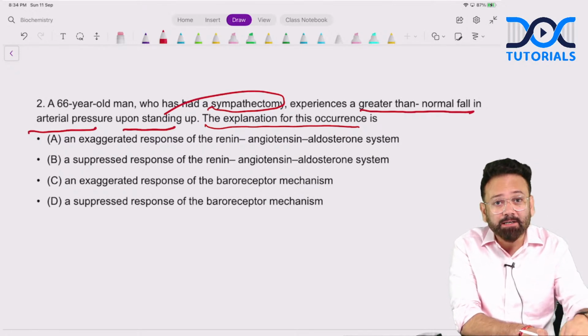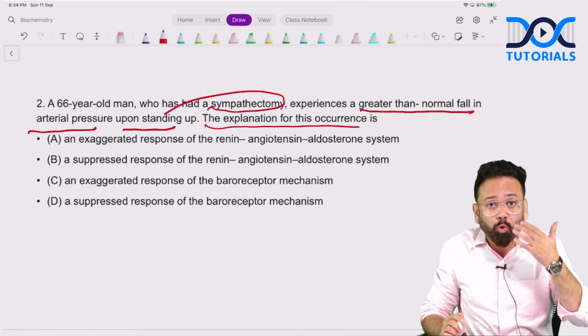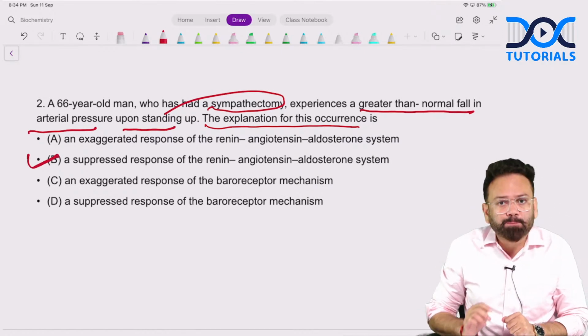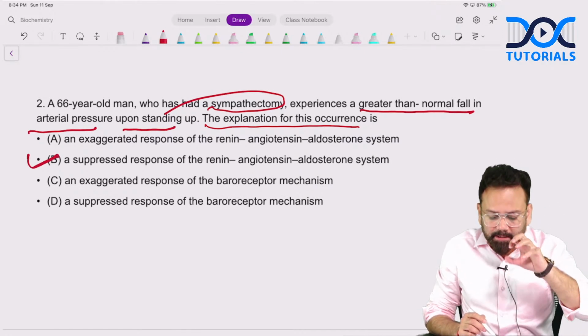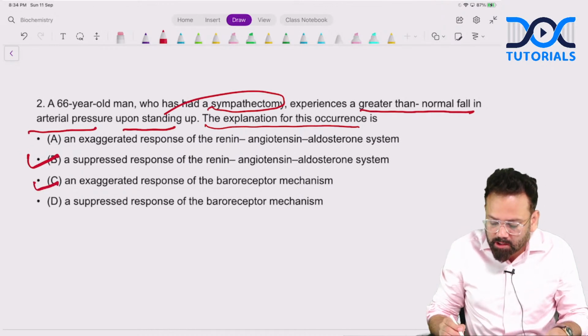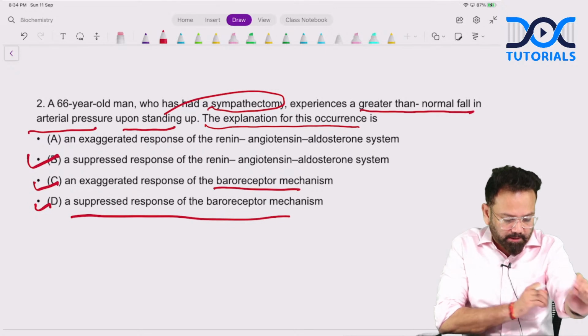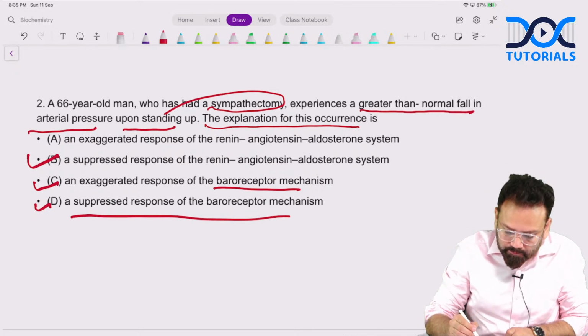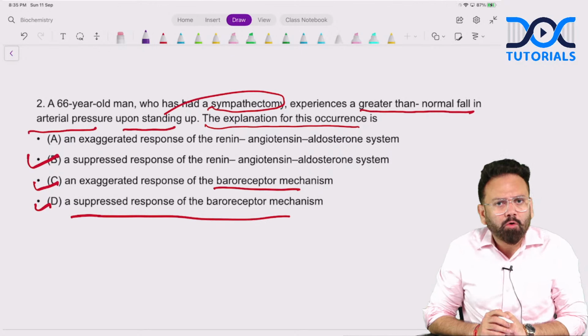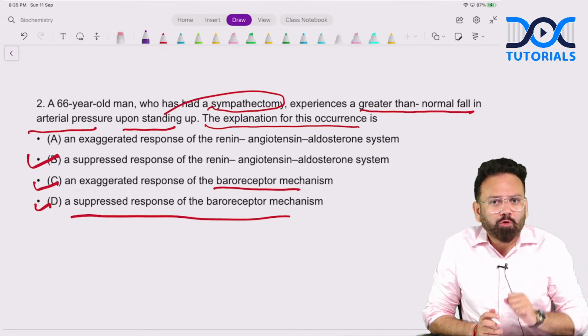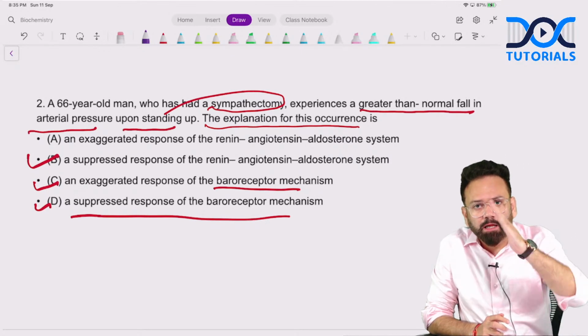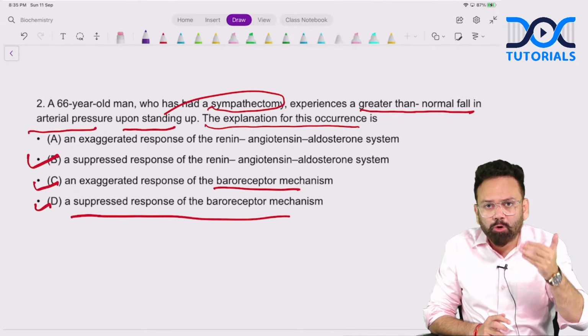An exaggerated response of RAS, meaning RAS is overacting. A suppressed response of the RAS, meaning RAS is inhibited. Exaggerated response of the baroreceptor or suppressed response of the baroreceptor. Just tell me the answer. What do you think? If you are in supine position and suddenly stand up, blood will pool in the legs.